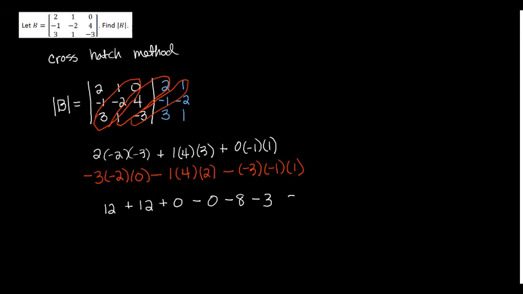And now I'll combine all these. 12 plus 12, 24, minus 11 is 13. That is a shortcut only for 3 by 3 matrices. Do not use that for 4 by 4 matrices, only for 3 by 3.